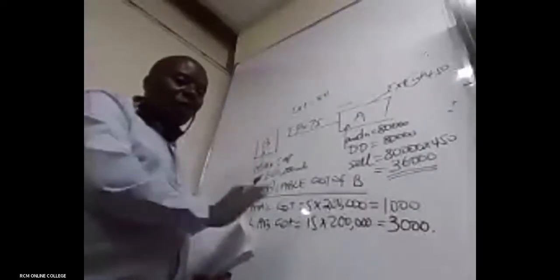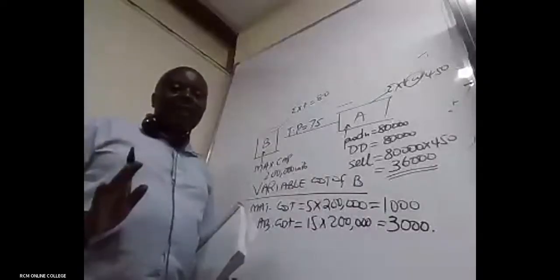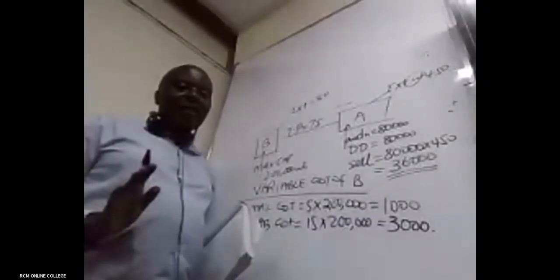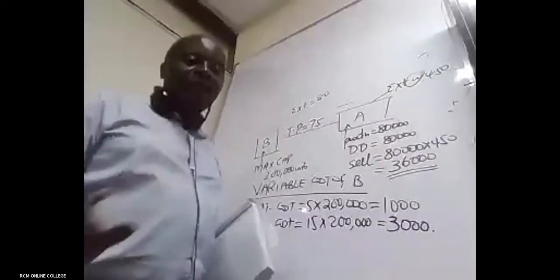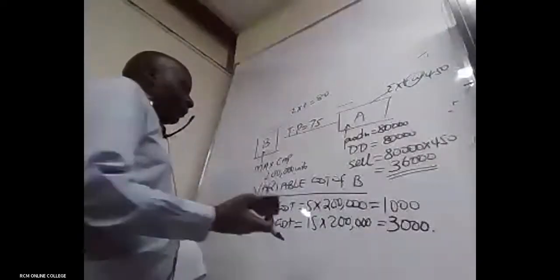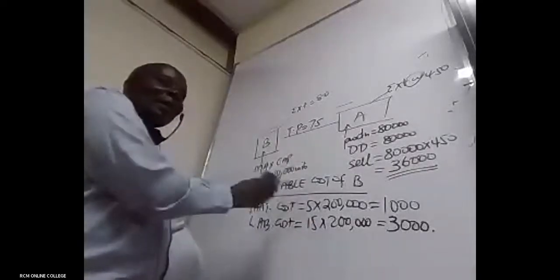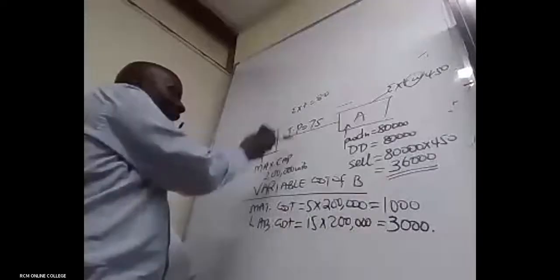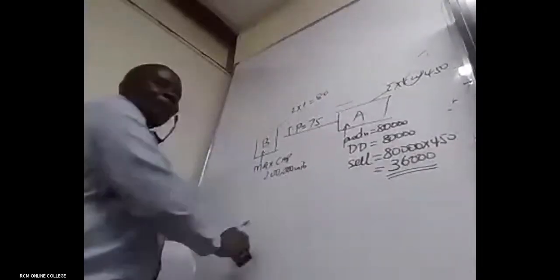We go to the variable cost of A. Of course, I know I have the internal transfer which will be coming later, isn't it? Already I even have the figure.